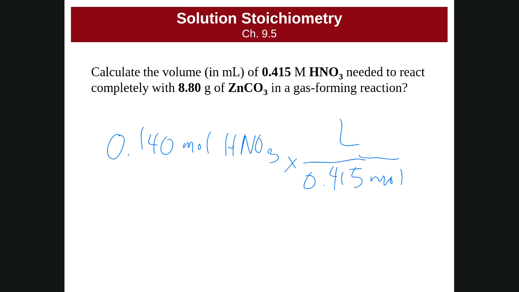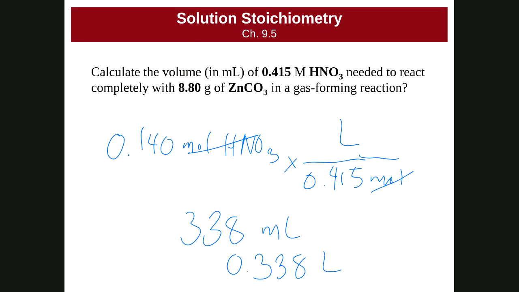So moles cancel out and we end up with 338 milliliters, or 0.338 liters, of nitric acid was needed to react with 8.8 grams of zinc carbonate.